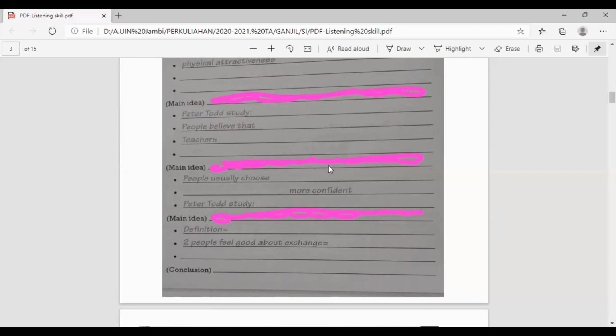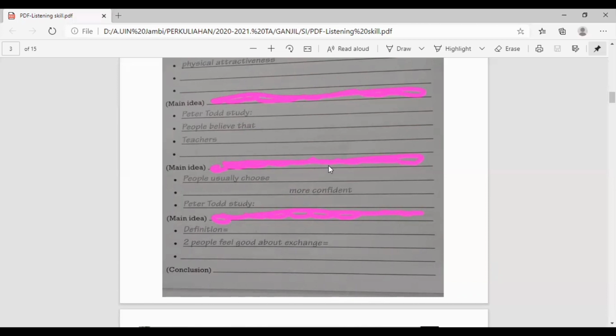The third element I want to talk about is exchange. This is when two people give to and receive from each other. For example, they can help each other, share things, and give love. The important point here is that people have to feel good about exchange in a relationship. Have you ever been in a relationship where one person gave more than the other?